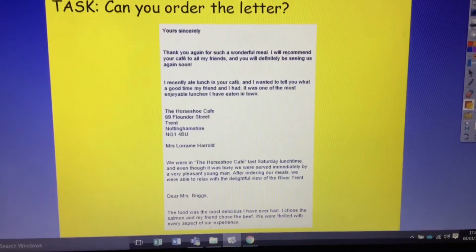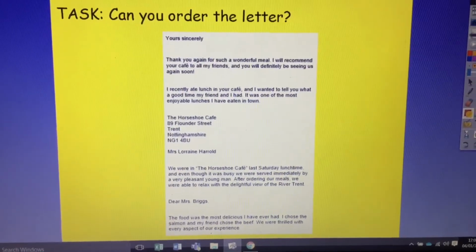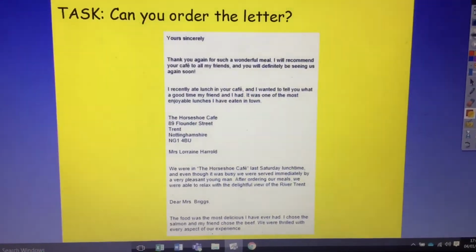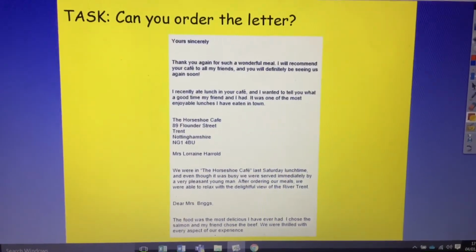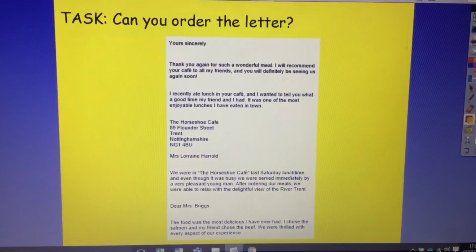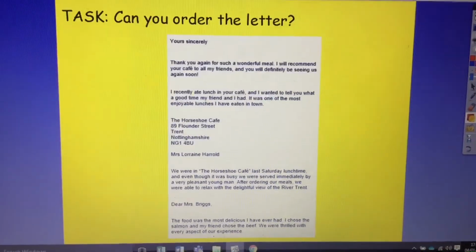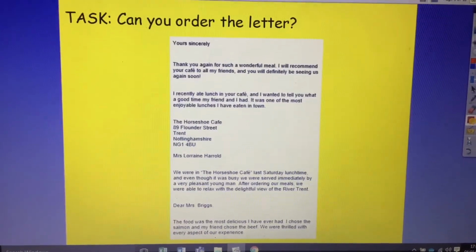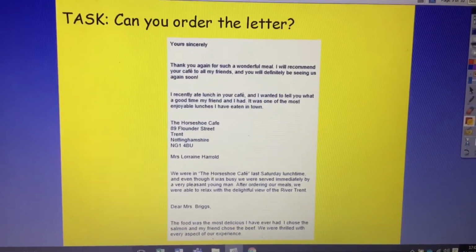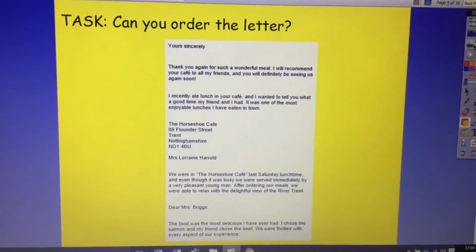Mrs. Lorraine Harold. We were in the Horseshoe Cafe last Saturday lunchtime, and even though it was busy, we were served immediately by a very pleasant young man. After ordering our meals, we were able to relax with the delightful view of the River Trent. Dear Mrs. Briggs, the food was the most delicious I've ever had. I chose the salmon, my friend chose the beef. We were thrilled with every aspect of our experience.